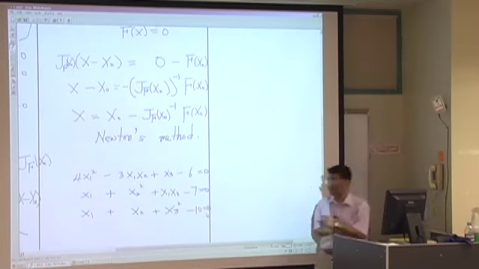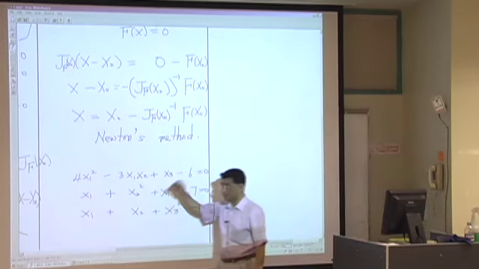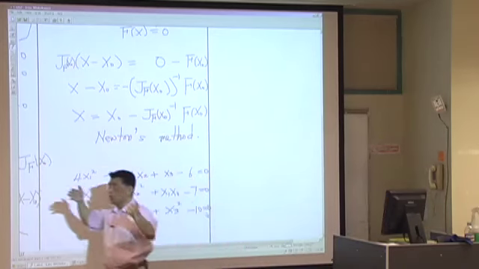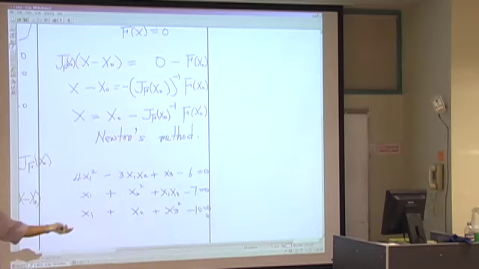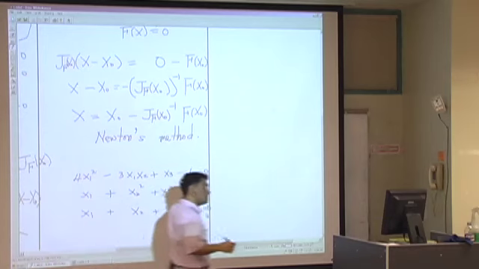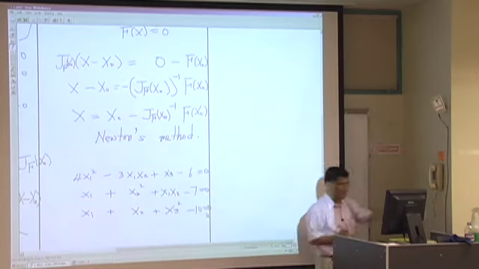So assume that we have this kind of system with nonlinear terms. Then as I mentioned, we cannot get x1 equal to something or x2 equal to something directly, so to do it, we should use these things.